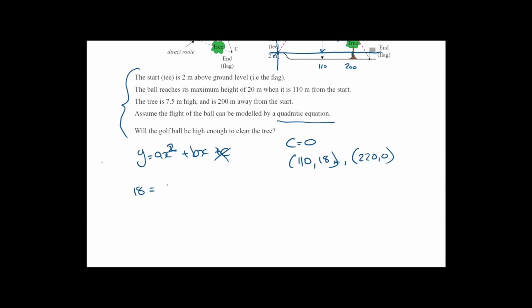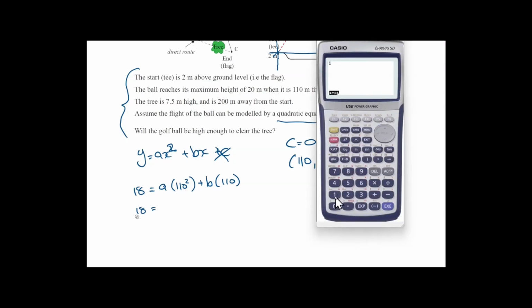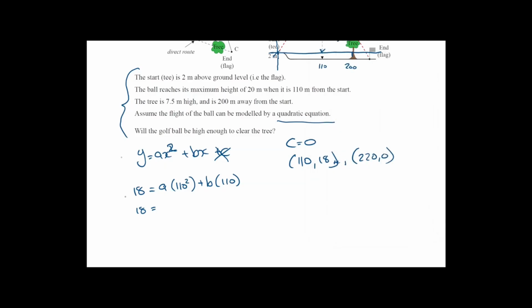So let's do the first one. 18 is going to be equal to a times 110 squared plus b times 110. Remember, x here is 110. 110 squared is 12100. Right, now let's do this one.